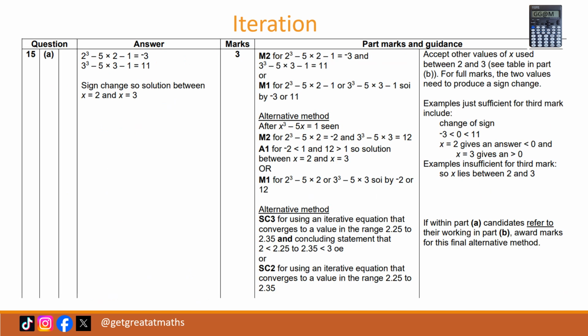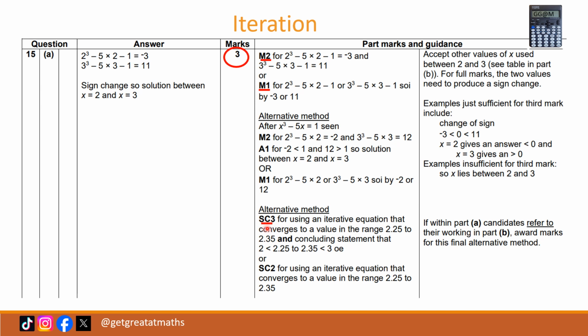The mark scheme on this question gives you lots of alternative methods. There are 3 marks here, and the main marks are the way I've just shown you for getting the -3, the 11, and then there's the change of sign. M2 is 2 method marks, M1 is 1 method mark, and you can see over here you have got different methods. There's an alternative method down here, or further underneath there is also an alternative method.